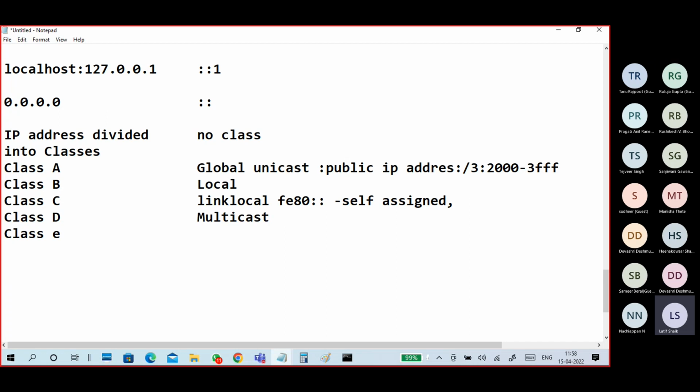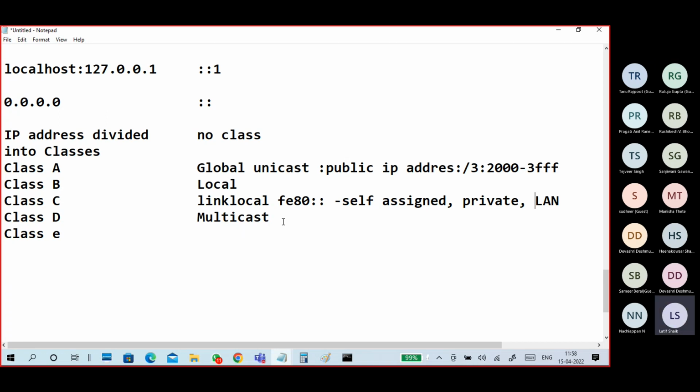Self-assigned one only. Private, only for the LAN part, private LAN purpose, not public communication. It is self-assigned, no need to assign anything.